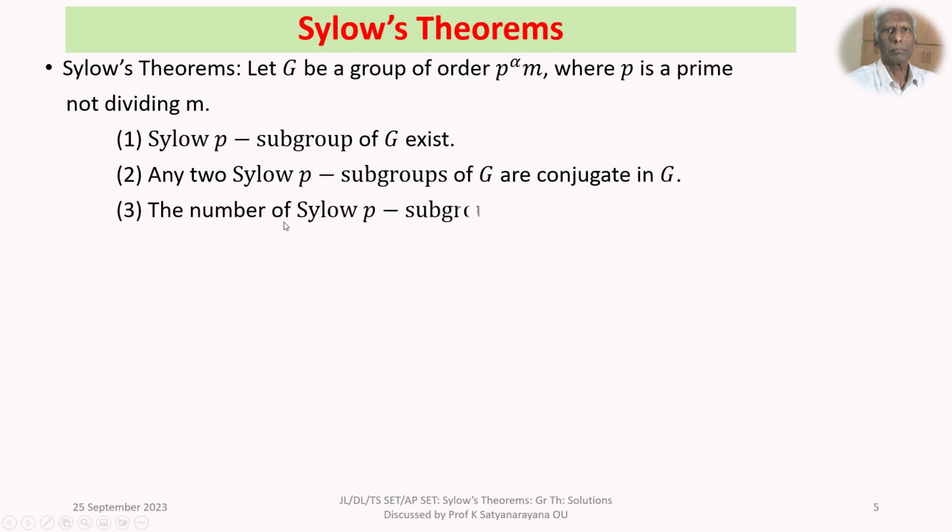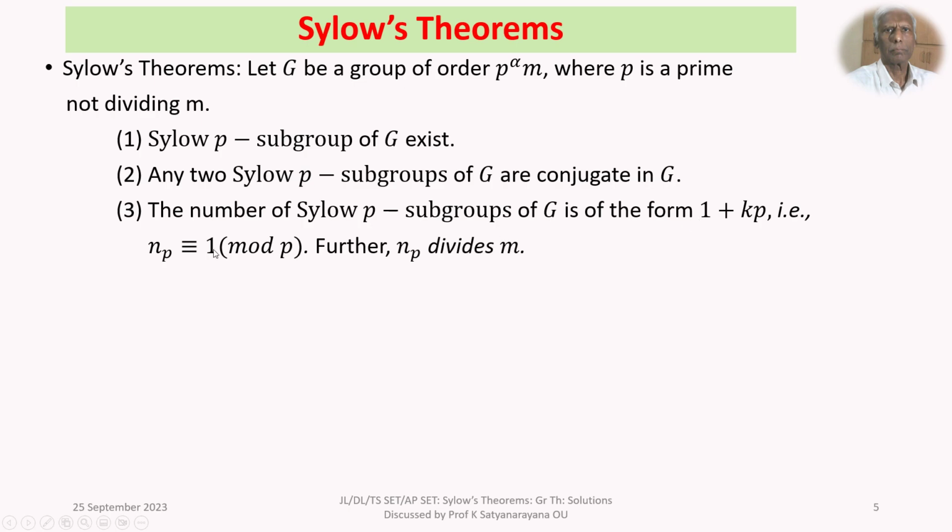Third, the number of Sylow p-subgroups of G is of the form 1 plus kp, that is, n_p is congruent to 1 mod p. 1 plus kp means when you divide by p, the remainder is 1.